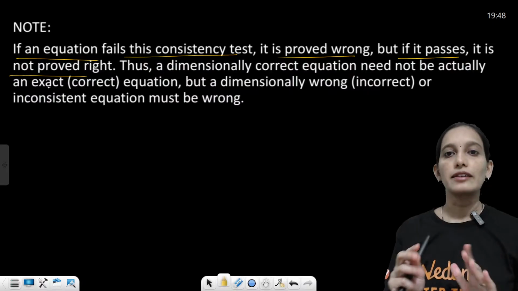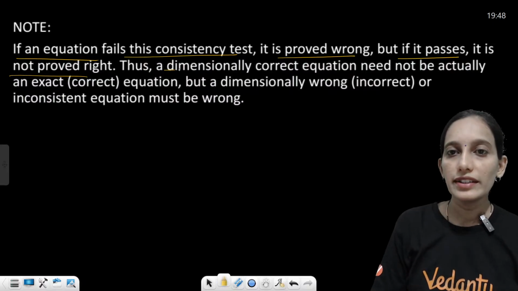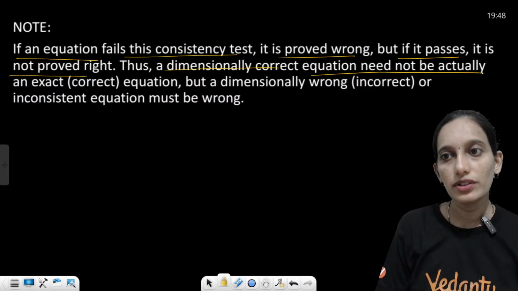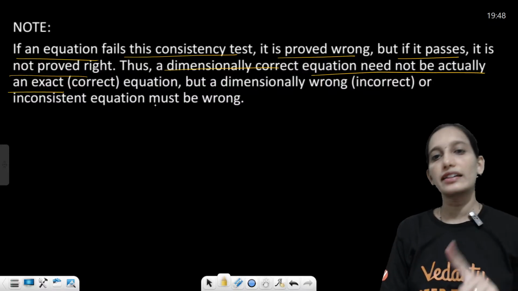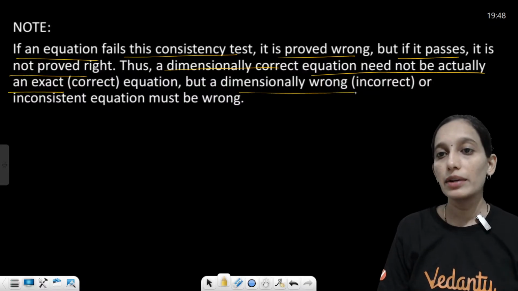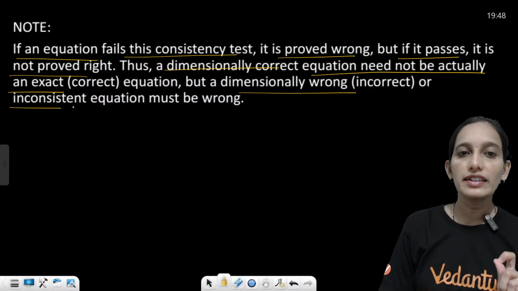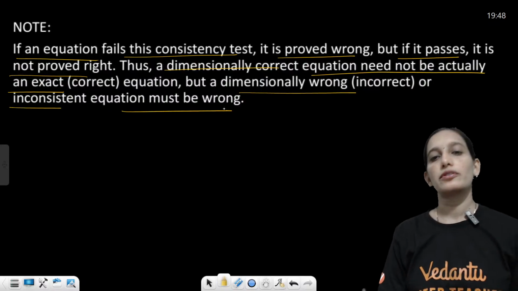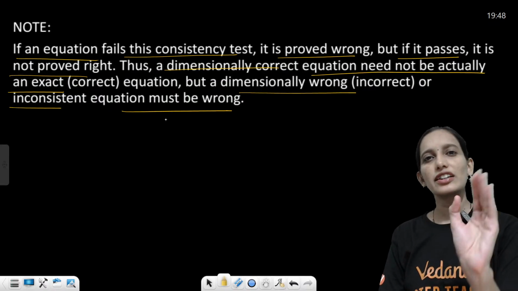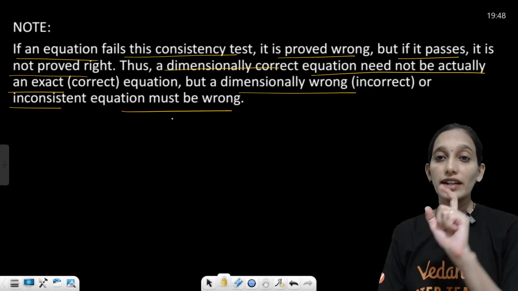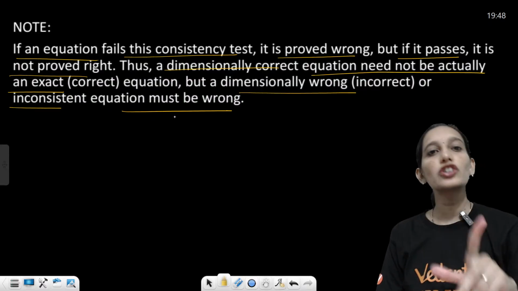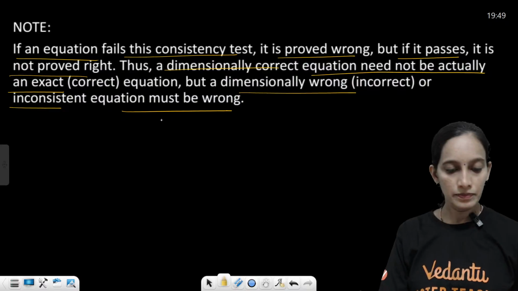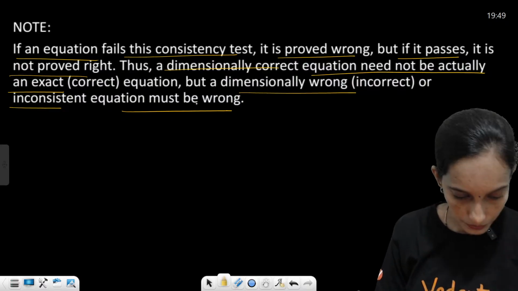Okay, so a dimensionally correct equation need not be actually an exact equation, but a dimensionally wrong or inconsistent equation must be wrong. That is clear. Dimensionally wrong means 100% wrong, but dimensionally correct means it need not be 100% right. Okay, it depends on the situation.